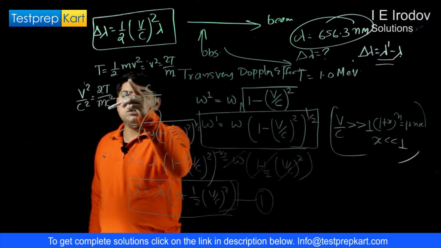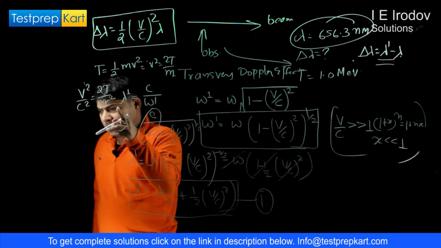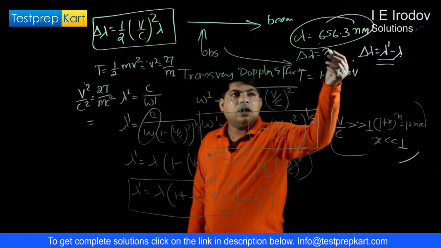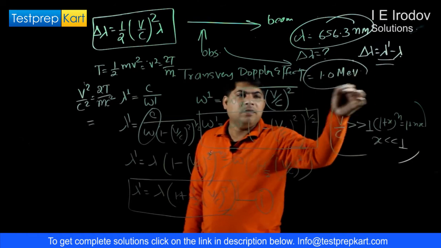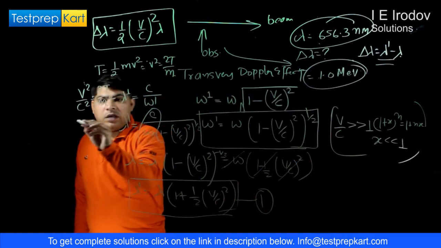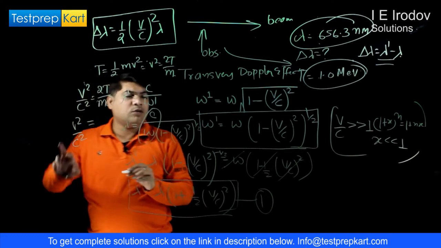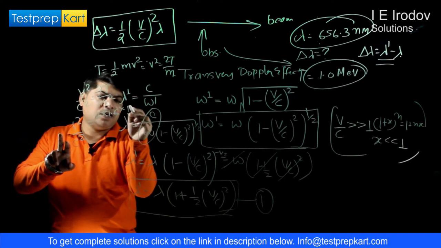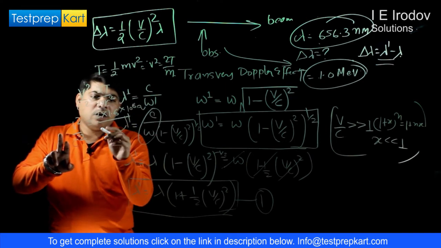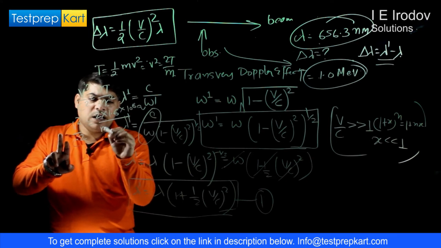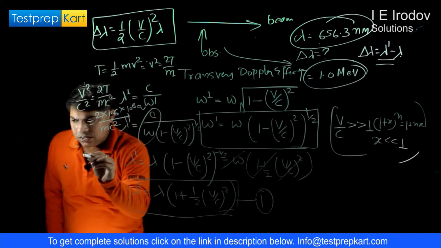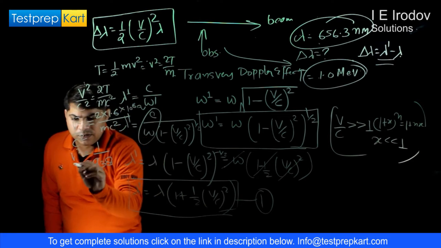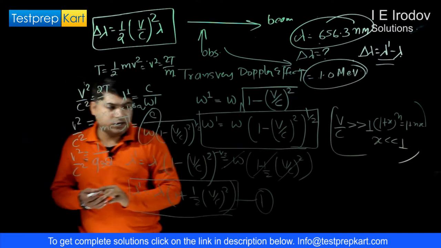Now here we can substitute these numeric values, the value of T in MeV. So from here we get V square over C square equal to 2 into 1.6 into 10 to the power 6 electron volt, and m into c square, whose equivalent value would be 938 MeV, just putting the standard values.